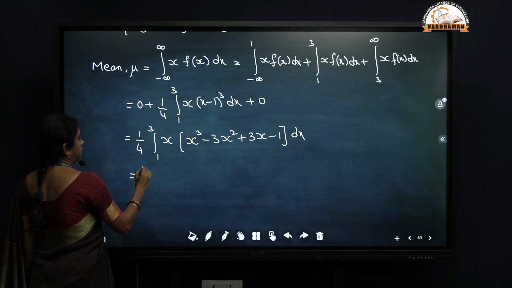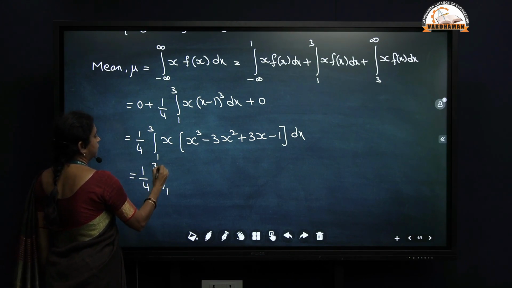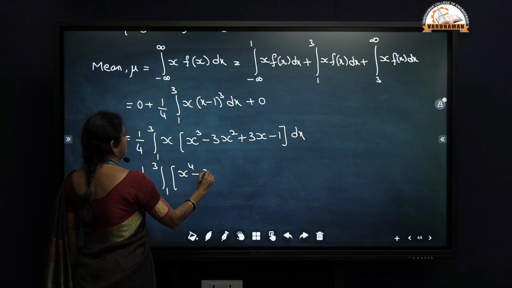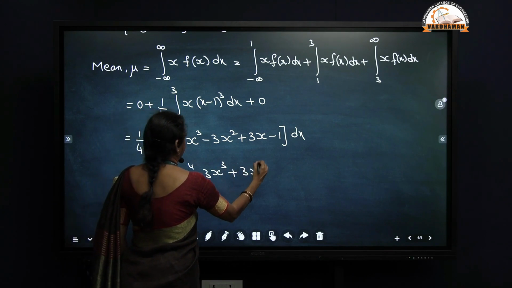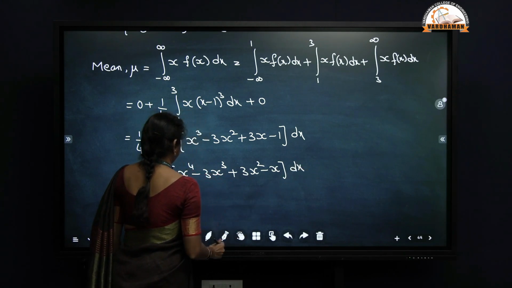So, this is equal to 1/4 of limits from 1 to 3, taking x inside, x^4 - 3x^3 + 3x^2 - x dx.